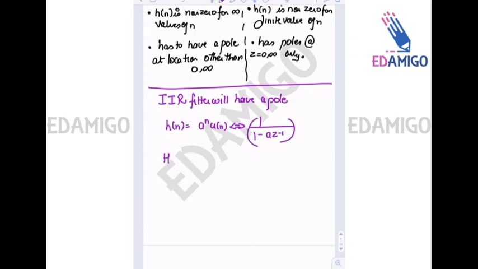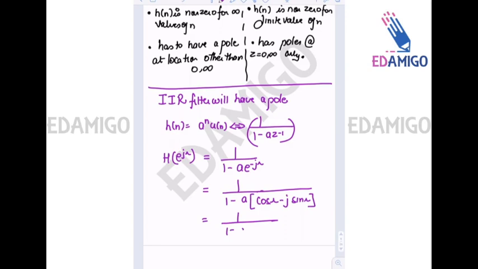By taking the discrete time Fourier transform, H(e to power j sigma) will be 1 upon 1 minus a e to power minus j sigma. That will come out to be 1 upon 1 minus a (cos sigma minus j sin sigma), so this can be written as 1 minus a cos sigma plus j a sin sigma.